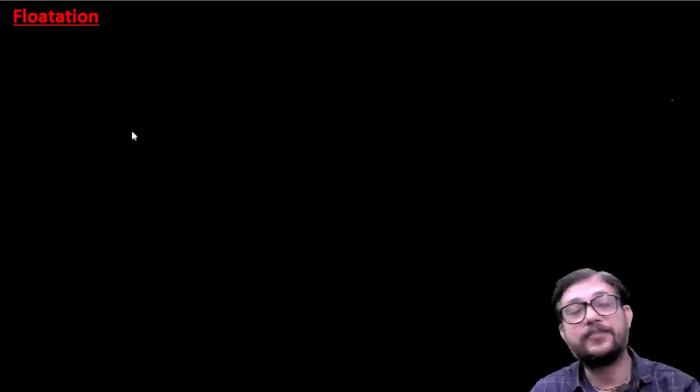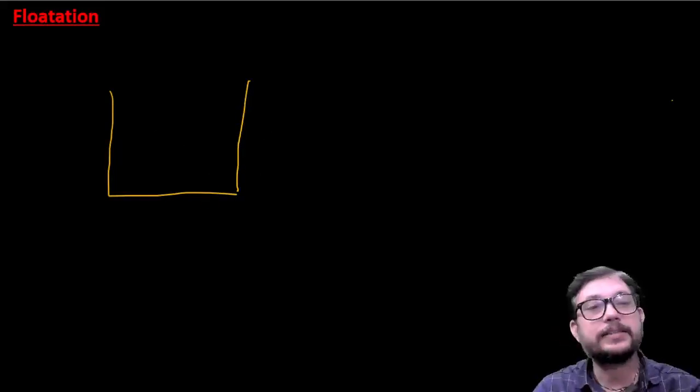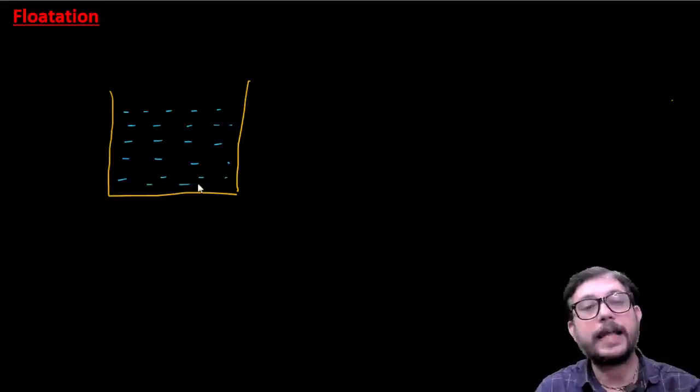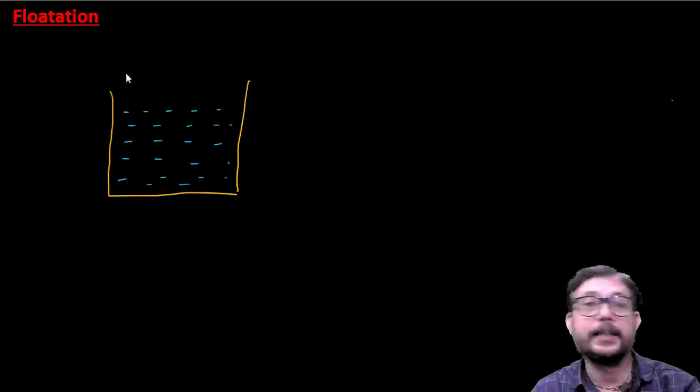Basically, suppose we have a container like this, and in this container we have some fluid, any fluid you took for the experiment. Now it's time to put a body in it.